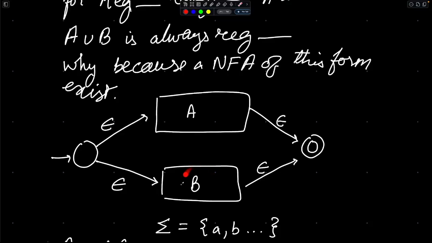Now if B is given as a non-regular language, its finite automaton cannot exist here, right? So generally the union of a regular language with a non-regular language does not give you a finite automaton, except for the edge case in which B is a subset of A, and that is the case which we have observed here.